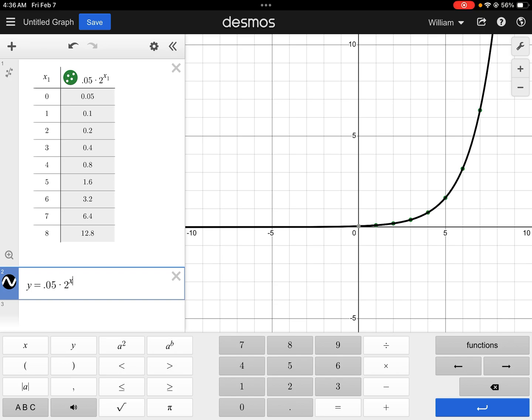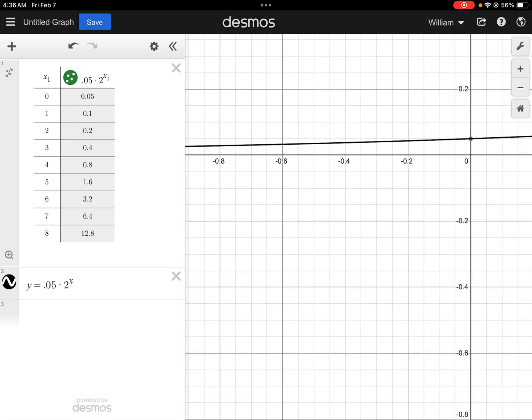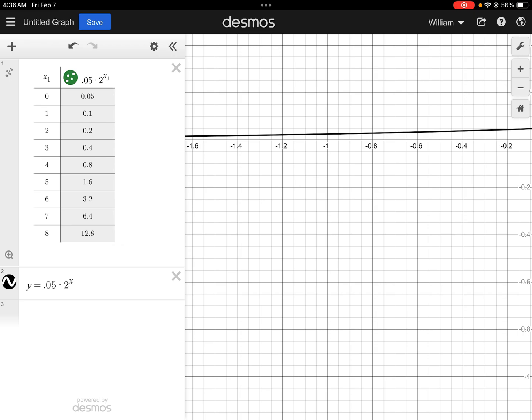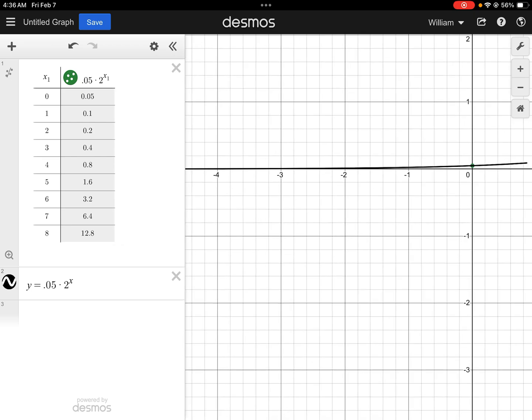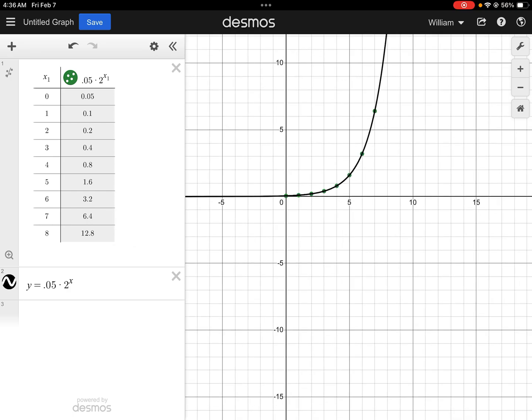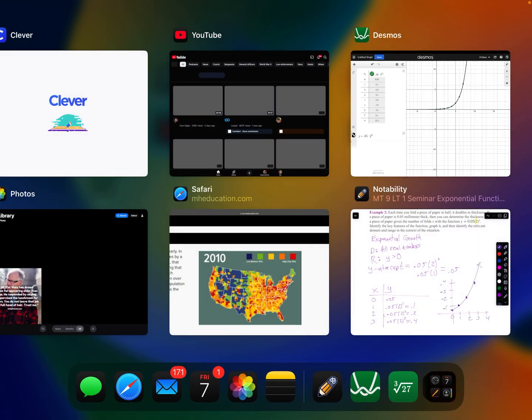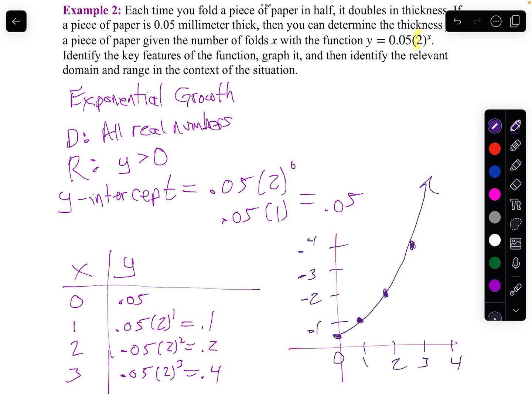It never gets to 0. Now, it doesn't make sense to have negatives in this context because you can't have a negative number of folds. But if I look at the equation, if I zoom in, notice it gets closer and closer to 0, but it never goes through 0. And that's how we would do that one.